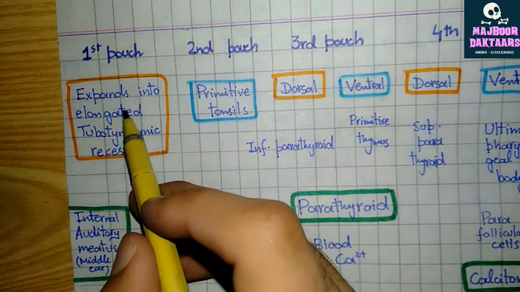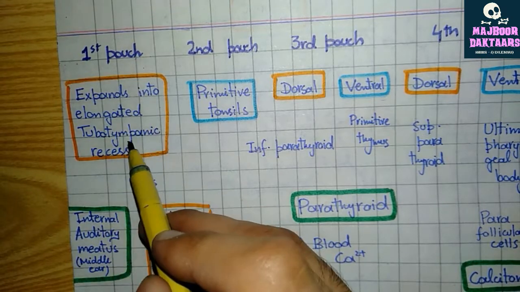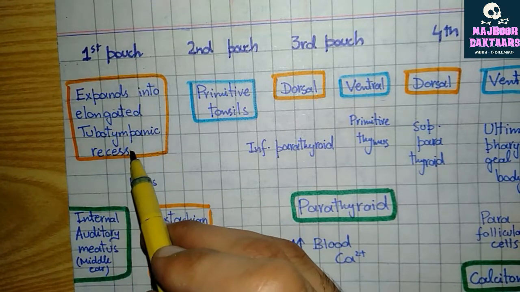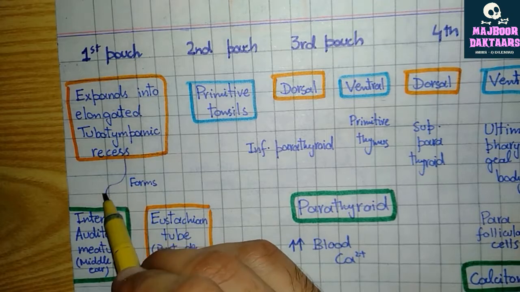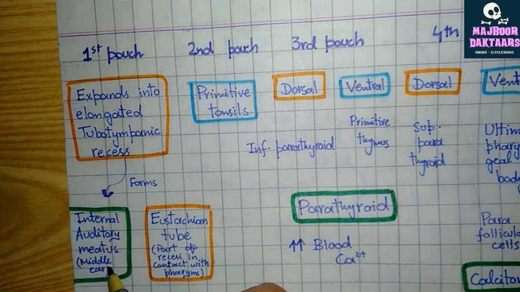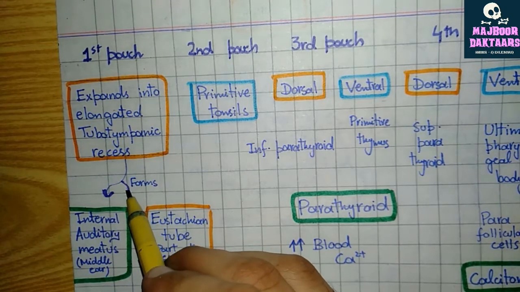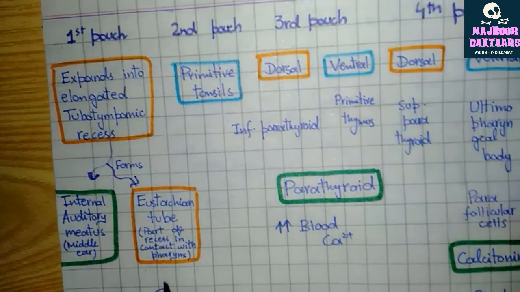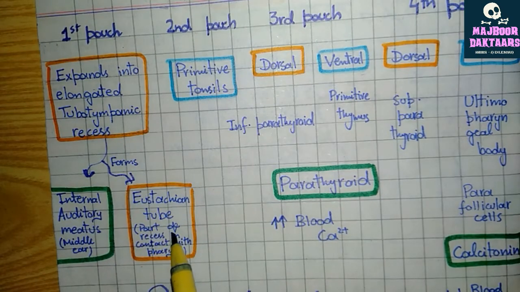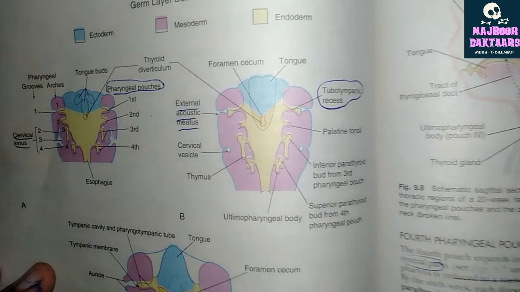Now the first pharyngeal pouch expands into an elongated tubotympanic recess, which forms the middle ear cavity, and the eustachian tube, which arises from the part of the recess in contact with the pharynx.